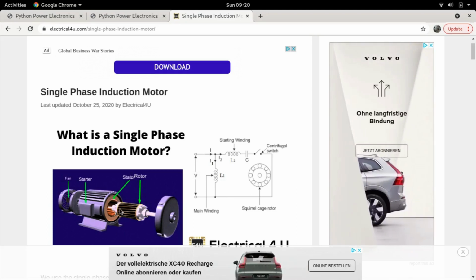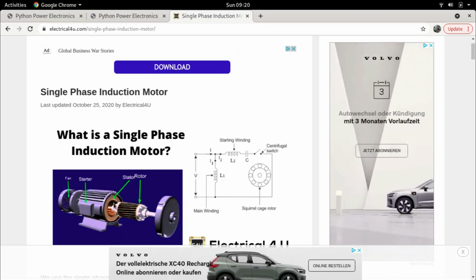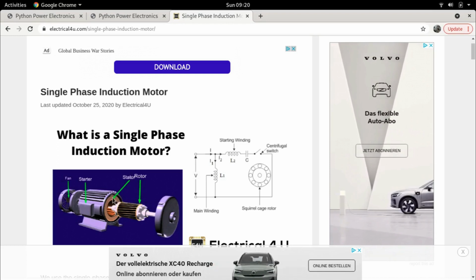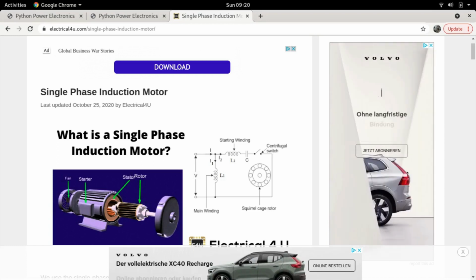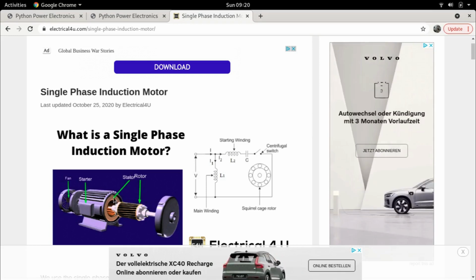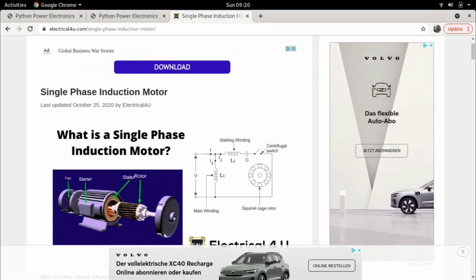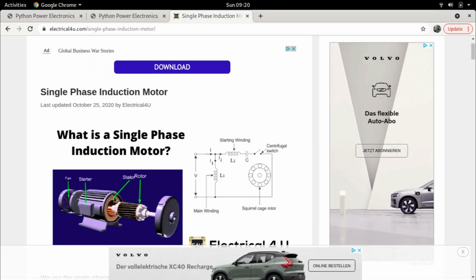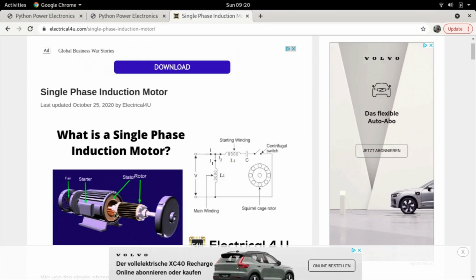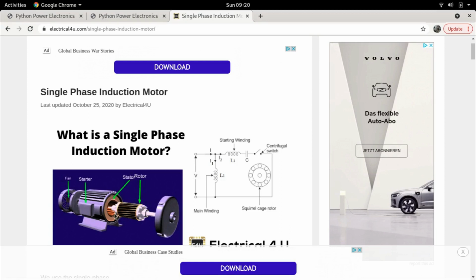This is a simplified representation which is usually useful in mapping out the flux lines. Usually you would consider for most analysis a distributed winding, but to just figure out the basic concepts of flux paths, this is good enough.